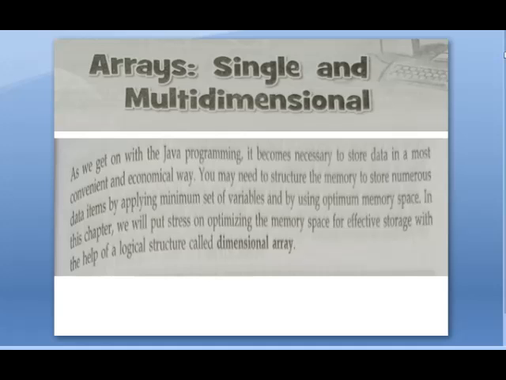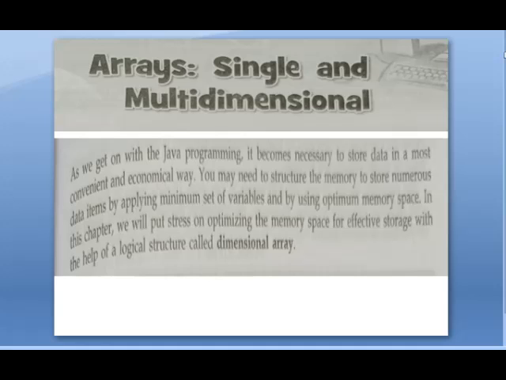An array is a memory space to store a set of values of the same data type, whether it is an integer data type or a floating data type, character data type or a string data type. As we get on with Java programming, it becomes necessary to store data in the most convenient and economical way.